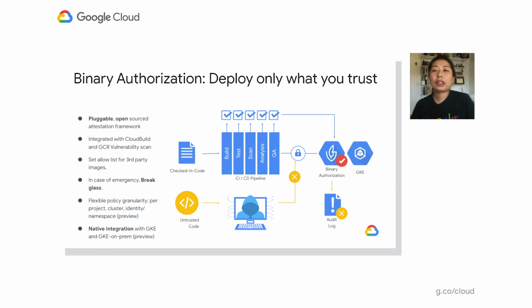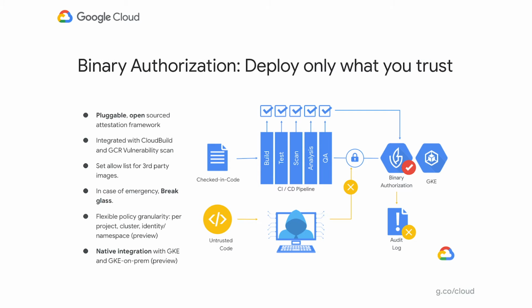In addition to signature verification, binary authorization also supports an allow list for certain third-party images that are deployed in the user's environment. The security team, for example, can make it explicit which third-party images and versions are allowed across their organization. That makes it very easy to manage and upgrade.